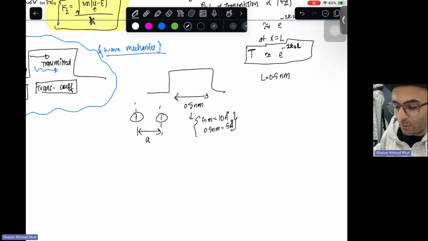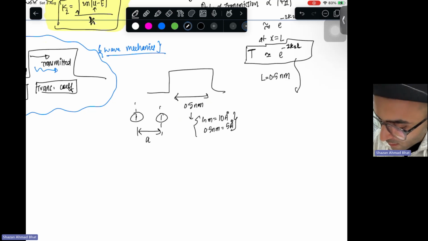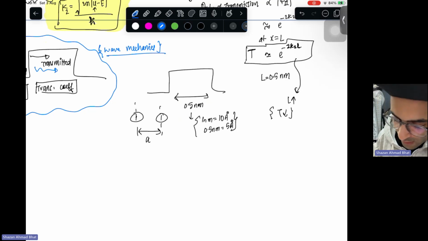You will see that if you go on increasing L, the tunneling probability will reduce. There will be less chance for the electron to leak out on the other side. And for the electron to leak out on the other side, first of all, there should be an electronic state present there. If the electron is leaking exponentially decaying and appearing, there should be an electronic state where the electron can reside.